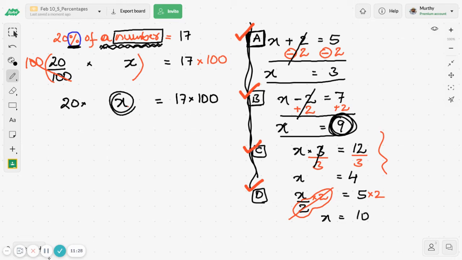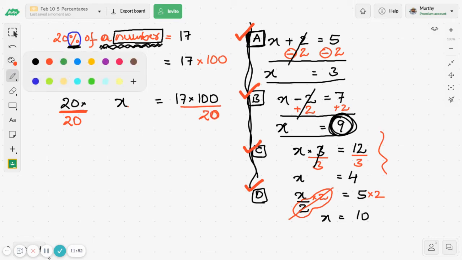As I told you before, our goal is to isolate the x value. So how to detach 20? I see that it is multiplying. The inverse operation of multiplication is division. So division by 20 on both sides.